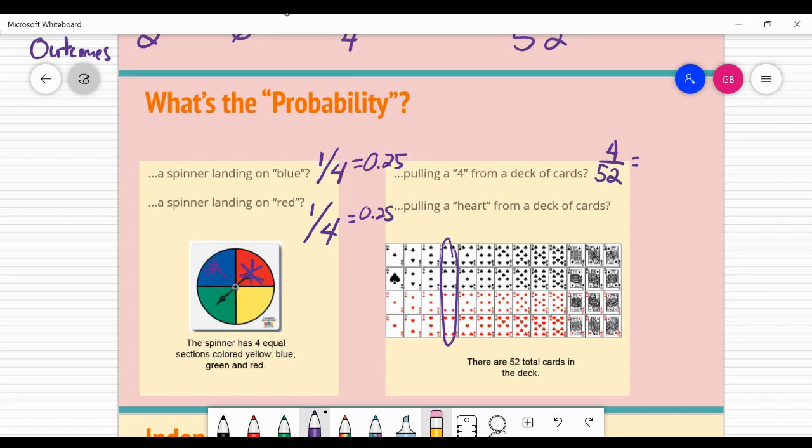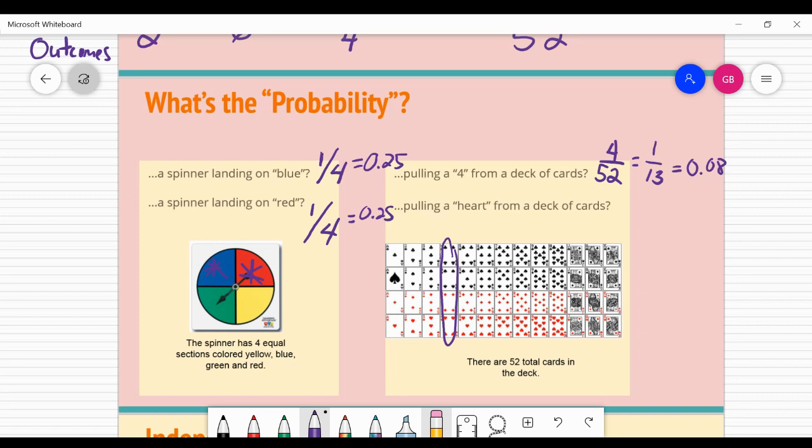So 4 out of 52 simplifies to 1 out of 13. And if you have to convert that into a decimal, it's going to be 0.08. We're usually going to round to 2 decimal places.